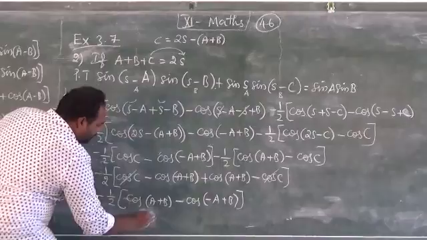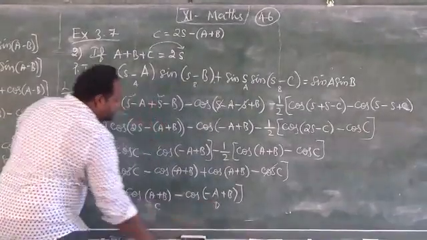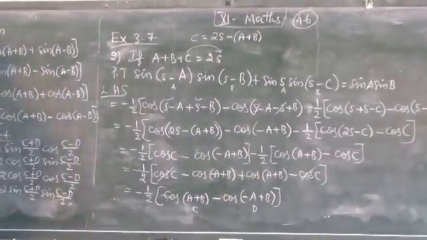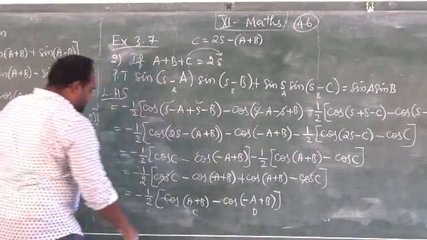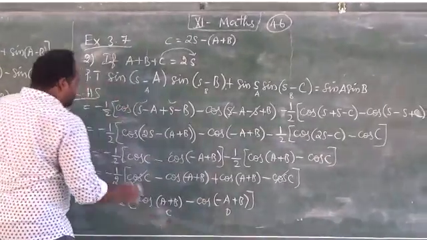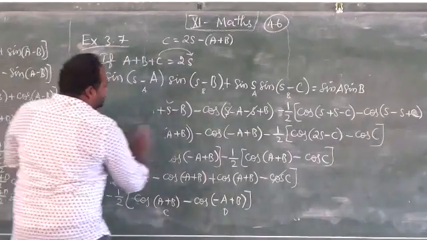So here we have the form of the cos C minus cos D formula, which is minus 2 into sin of (C + D) by 2 into sin of (C − D) by 2. I am going to use this identity here.